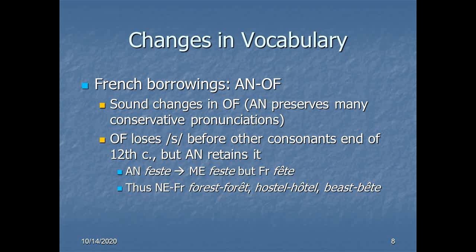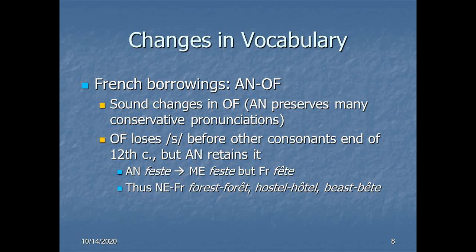But in modern French, that word has become fête. The S is lost. So in this sense, the English word feast is actually closer to Old French than the French word fête. We can see this in a number of other modern English, modern French pairings.